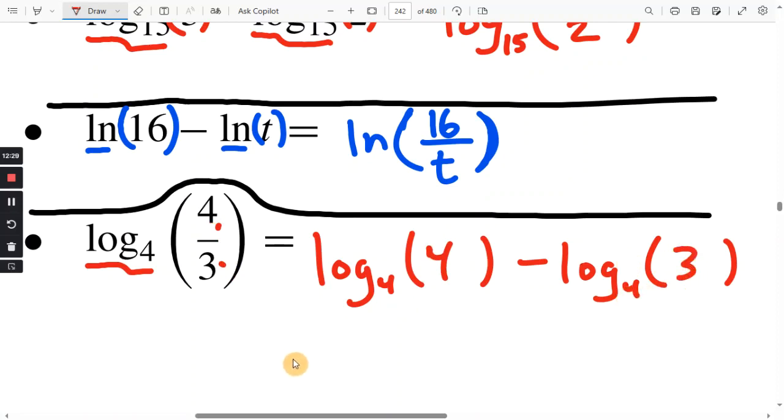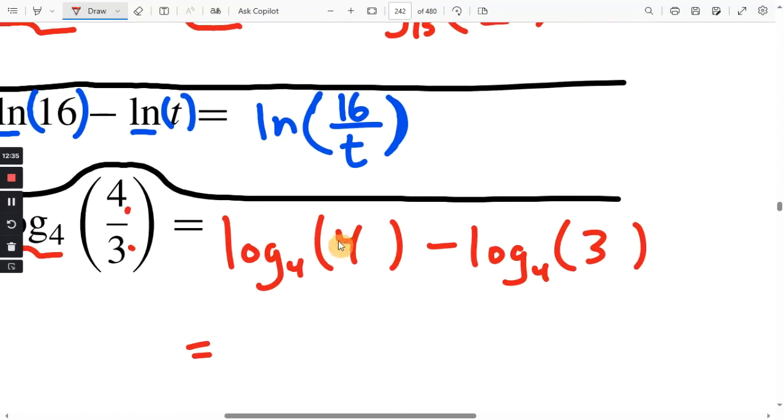Now, in the book, since this is not a decimal, they actually solved the first one. If you'll notice here, 4 is the same as 4 to the first power. When the log base matches this base here, they cancel, and it's just a 1. This right here, you could find a number, but it's going to be a long decimal, so we just leave it as is, log base 4 of 3.